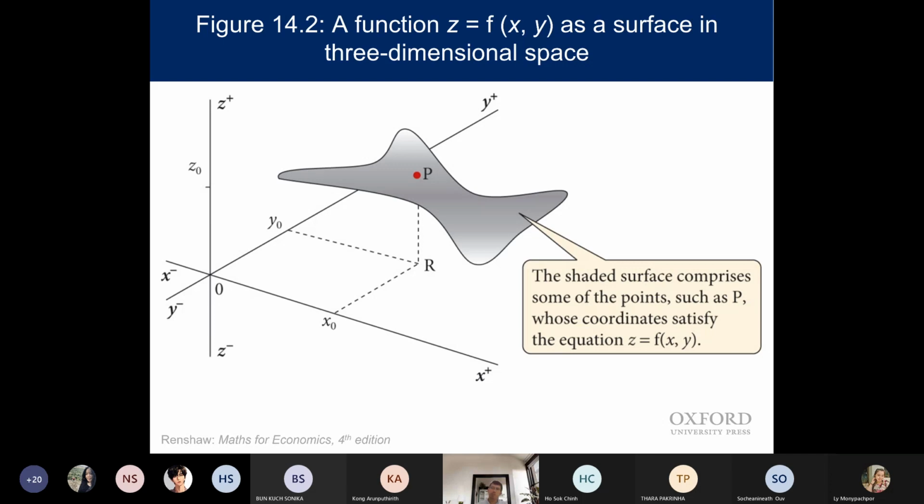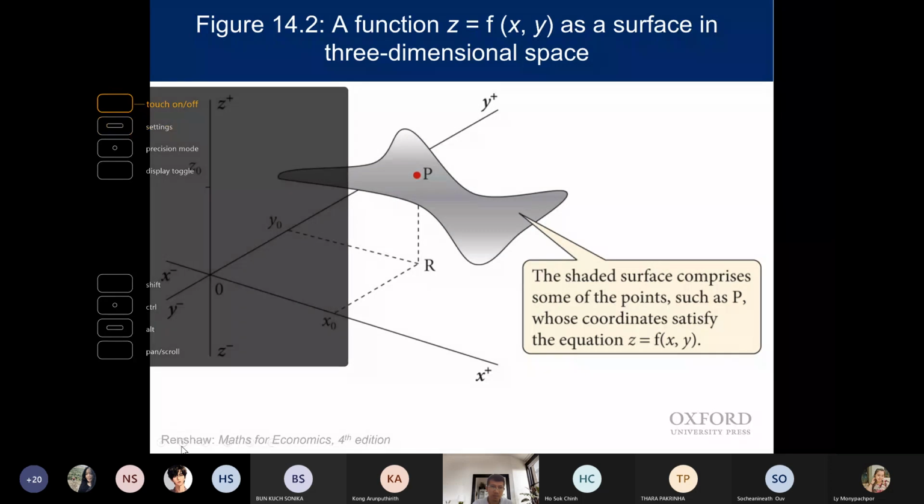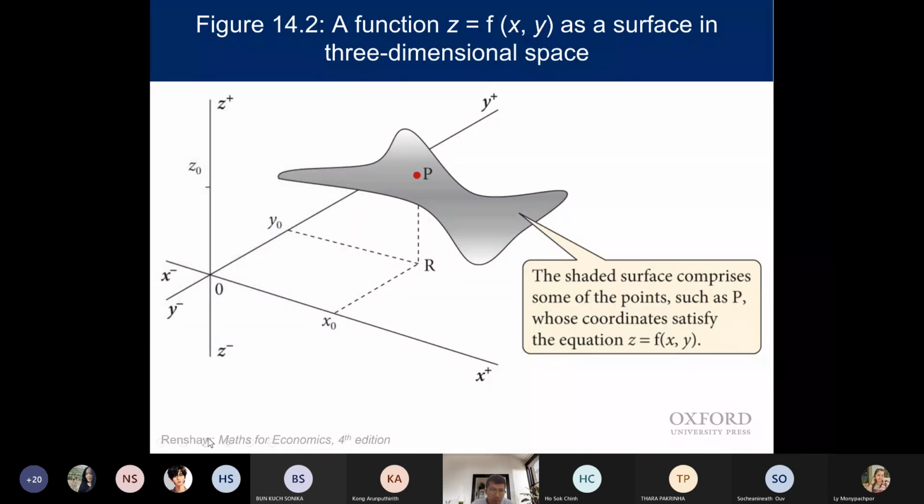So when you choose a different pair of x and y, let's say x1 is somewhere here, and then y1 is somewhere here.